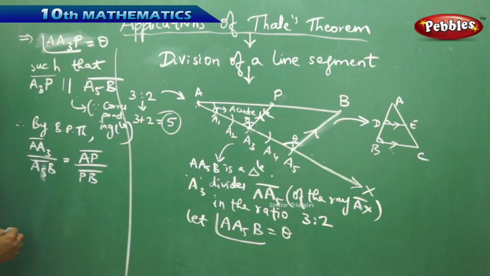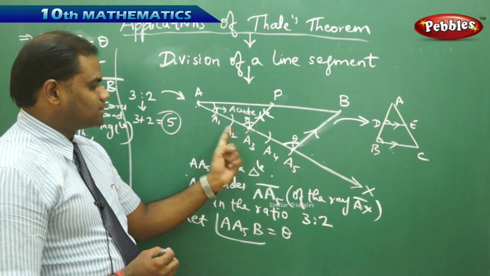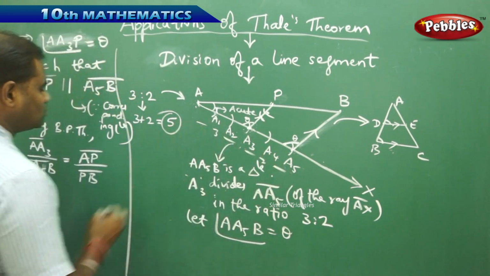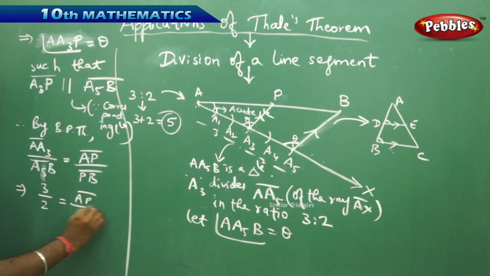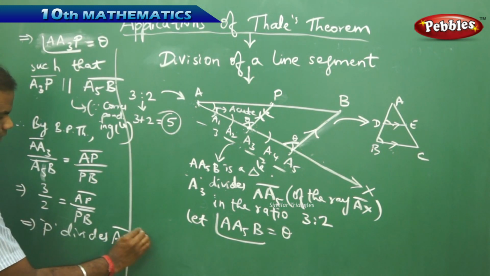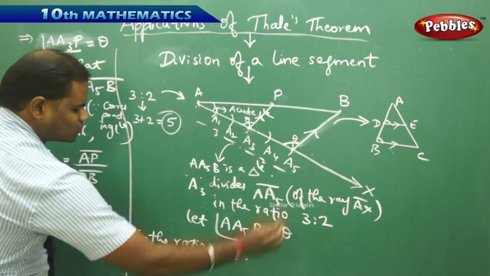Now in this case, we already know that AA3 by A3A5 is 3:2, because this divides in the ratio 3:2. Therefore, this is nothing but 3:2 of AP by PB. That implies P divides AB in the ratio 3:2.